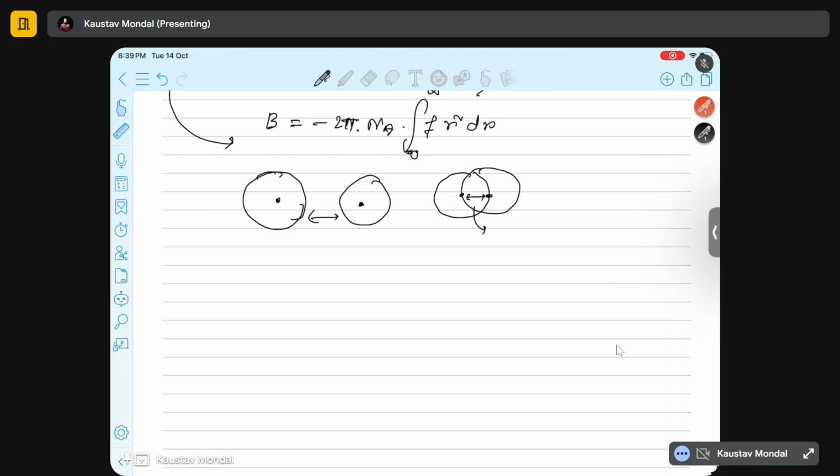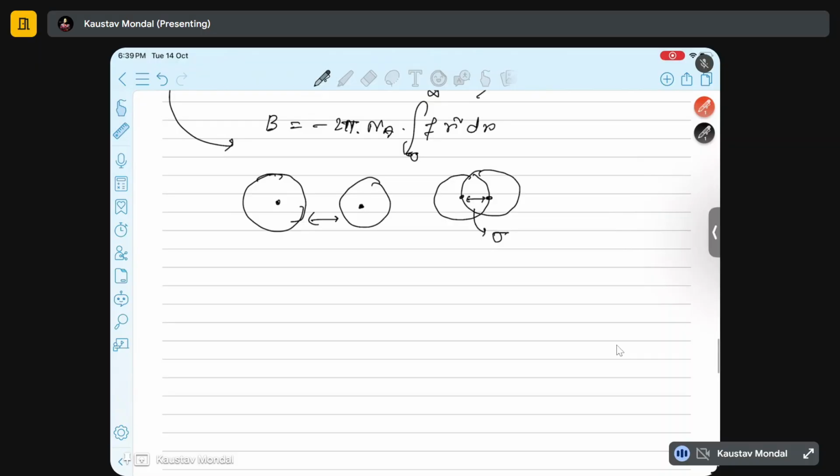This is the radius, not diameter, the radius, sigma. And the distance between the centers is denoted by r.